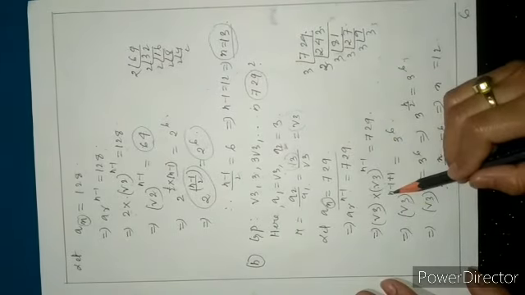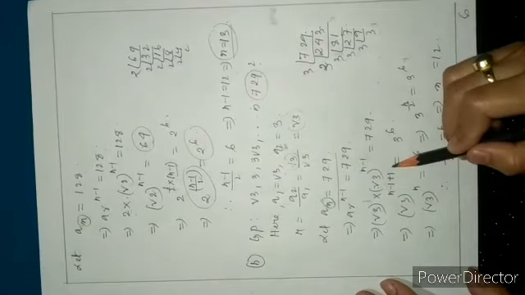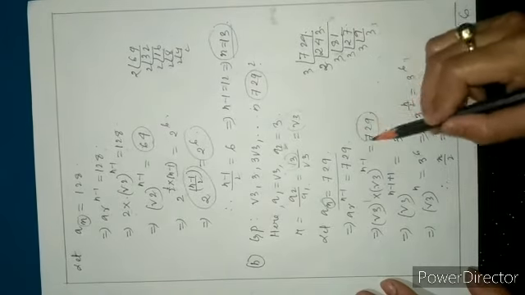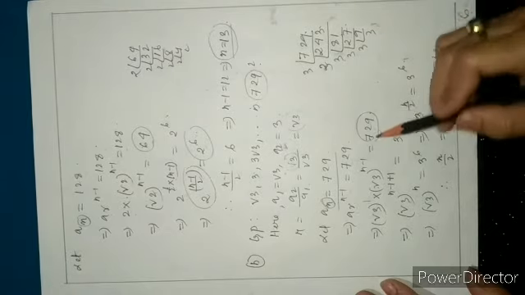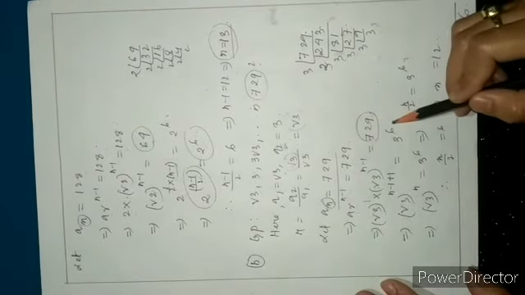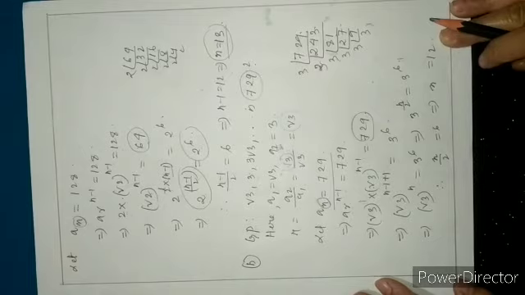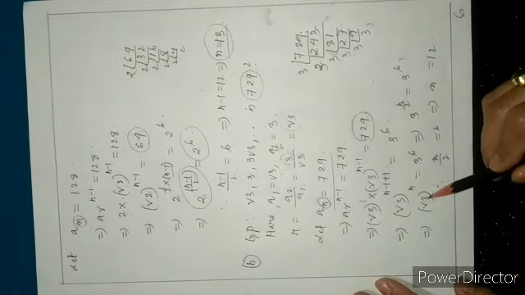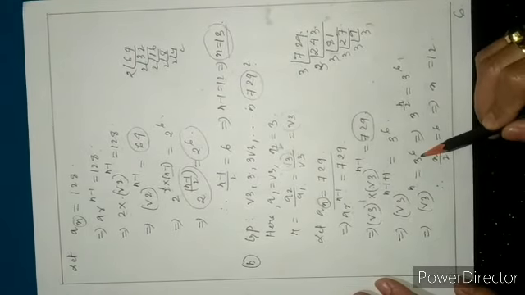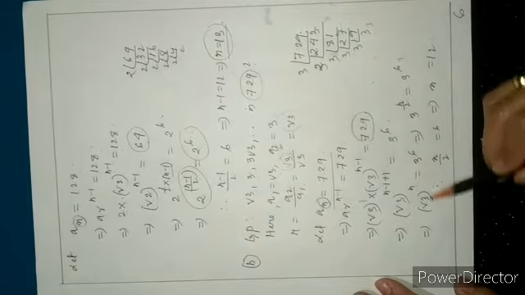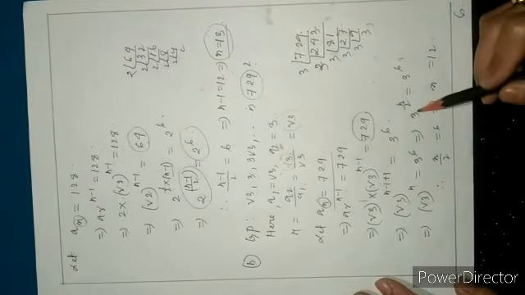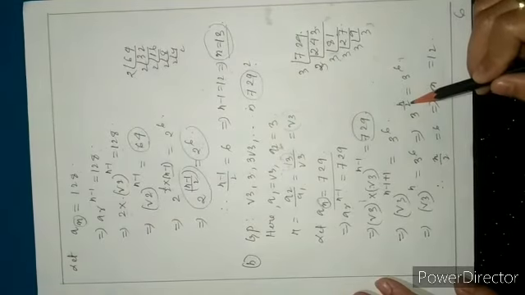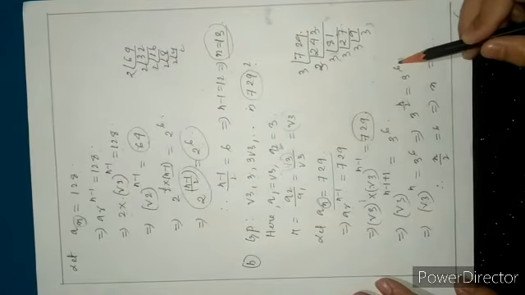Root 3 to the power n minus 1 times root 3 gives root 3 to the power n. For the prime factorization of 729, it is 3 to the power 6. So root 3 to the power n is equal to 3 to the power 6, and root is power 1 by 2, so in exponent form 3 to the power n by 2 is equal to 3 to the power 6.